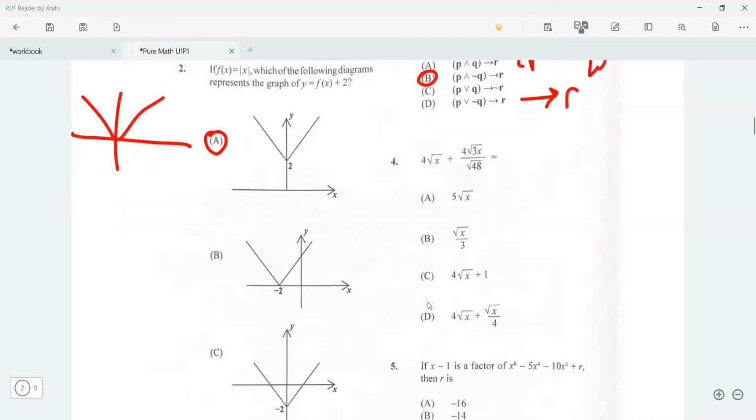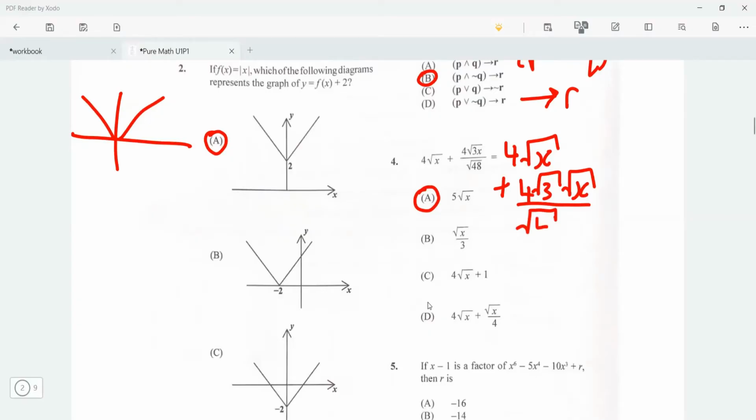This is a repeat. I think it's 5 root x. I strongly believe it's 5 root x, but if you want to just see it, let's break it up here again. It's going to be 4 root x plus. Remember that the square root of 48, in the numerator we can write 4 root 3 times root x over root 48. 48 is 4 times 12, so root 48 is root 4 times root 12.